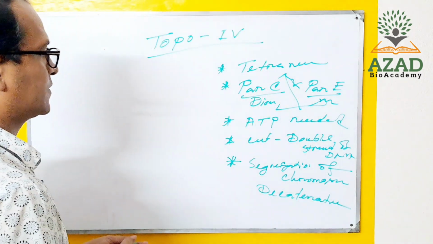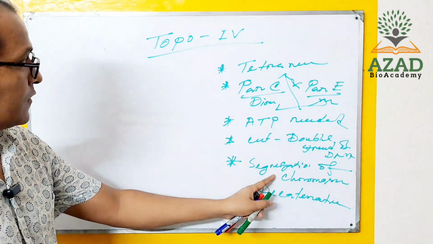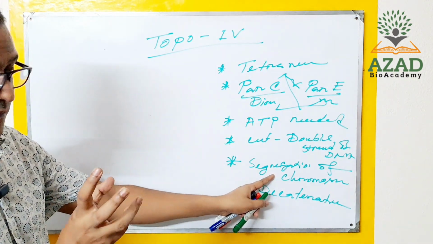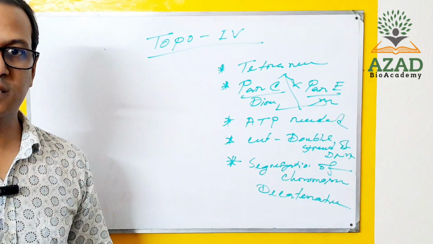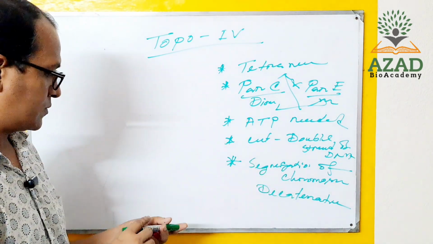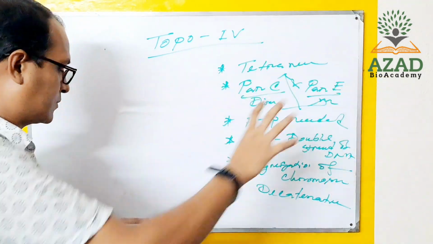Okay, so just like topoisomerase 2, but the place of work, or when it will work, is during the segregation of the chromosome. So this is the difference, but other things are mostly common.